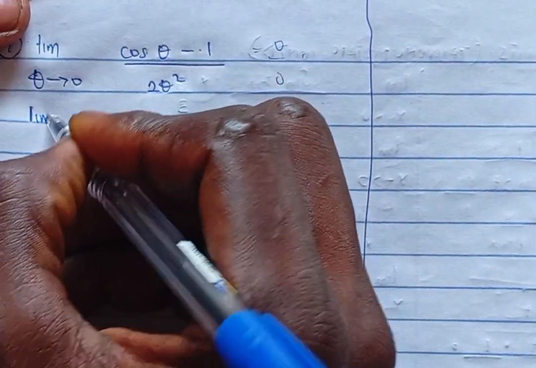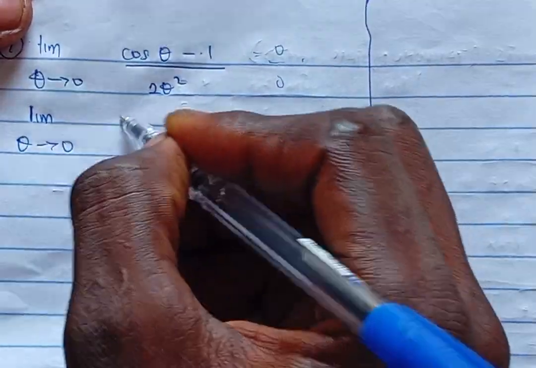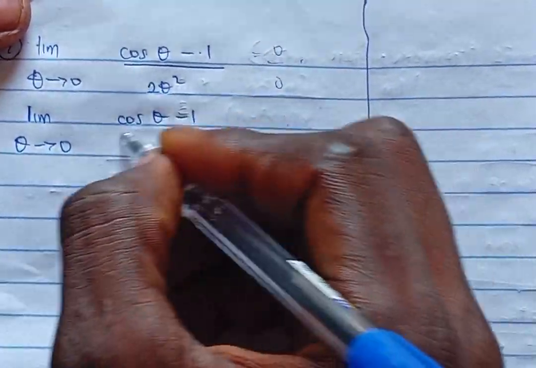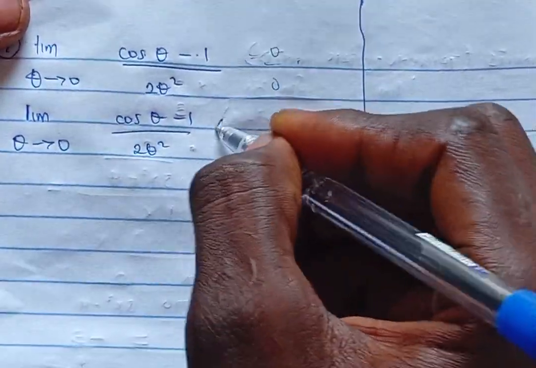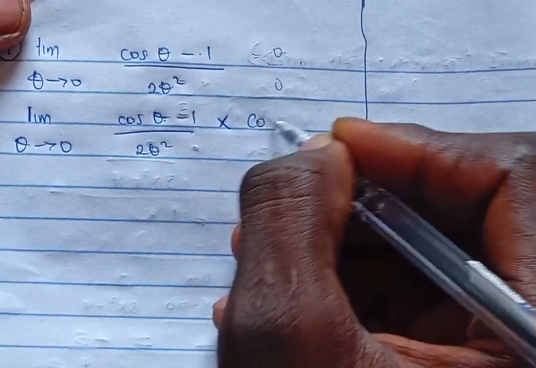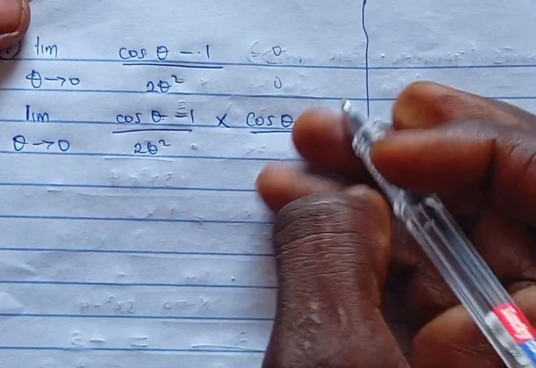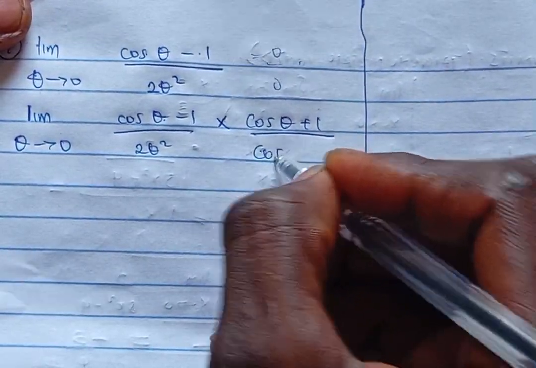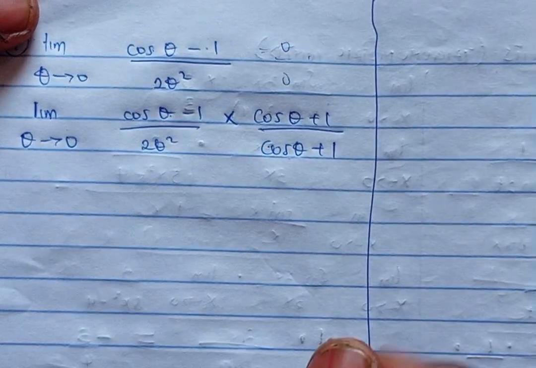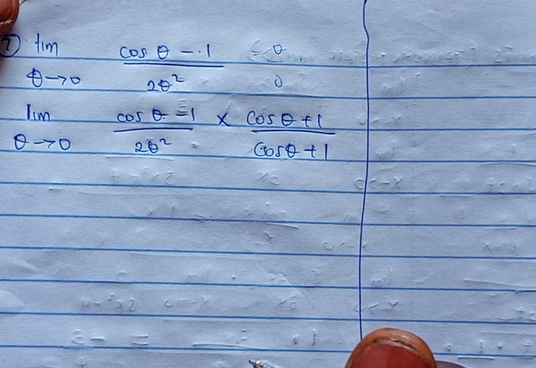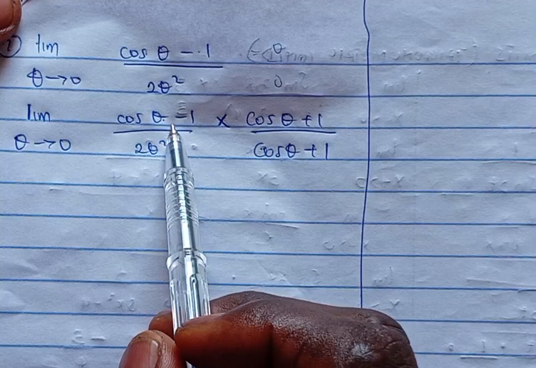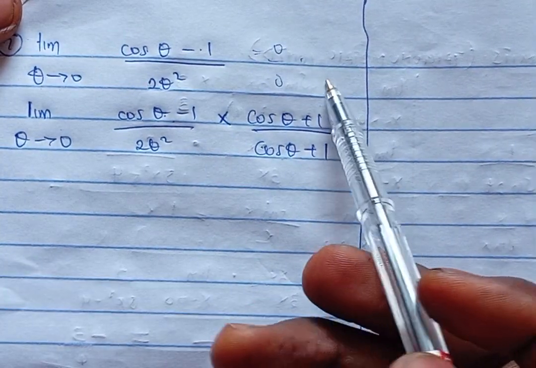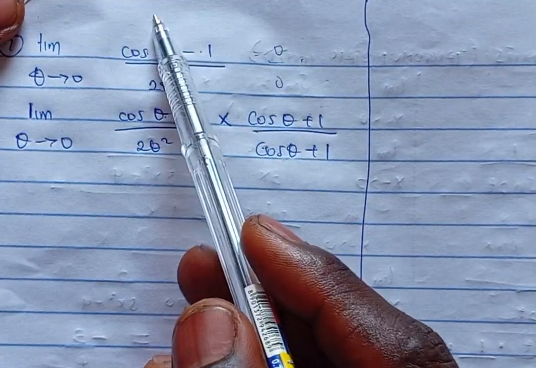So we have the limit as theta tends to 0 of cos theta minus 1 over 2 theta squared, everything multiplied by the conjugate, cos theta plus 1 over cos theta plus 1. Do you understand? The conjugate doesn't change the concept, because this one can still cancel this one and you get your question back.